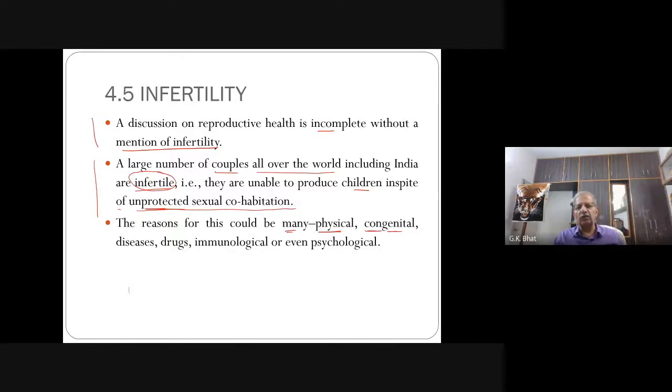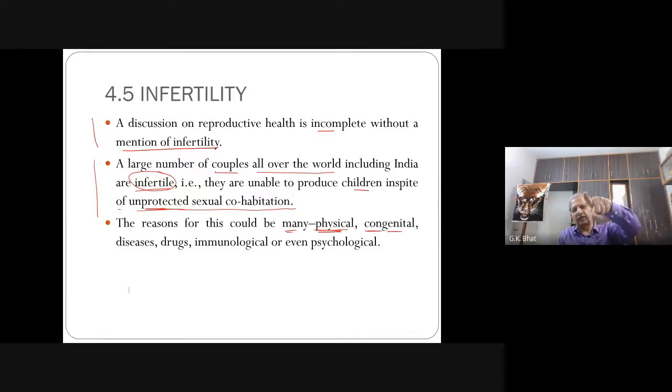This physical defect is also the same way, some defect in the genital organ. In case of men, the penis will always be limping down. Whenever a man is sexually excited, he should get erect.